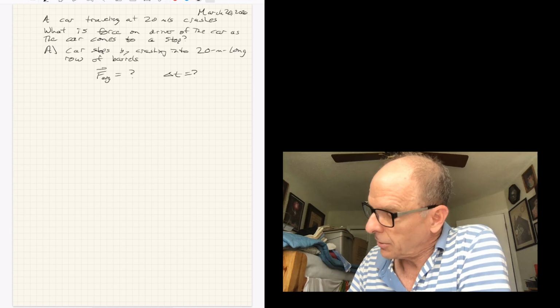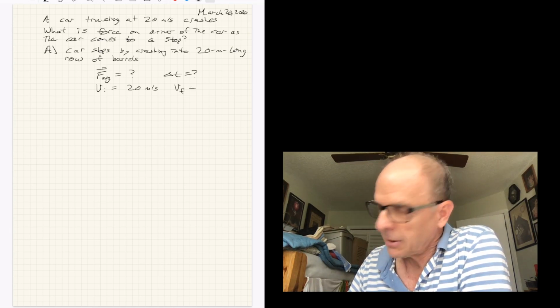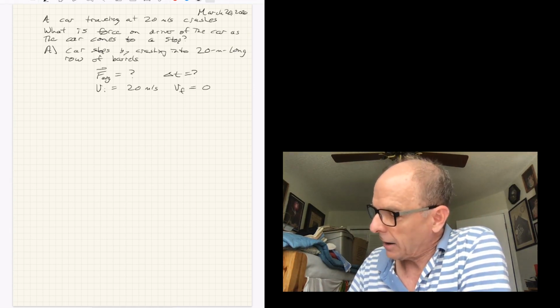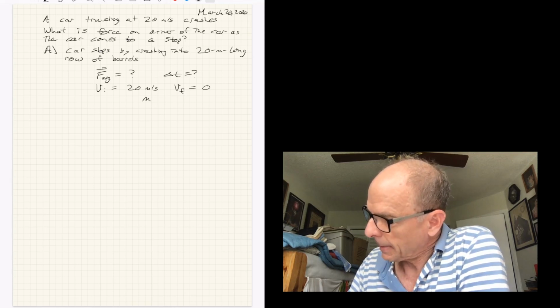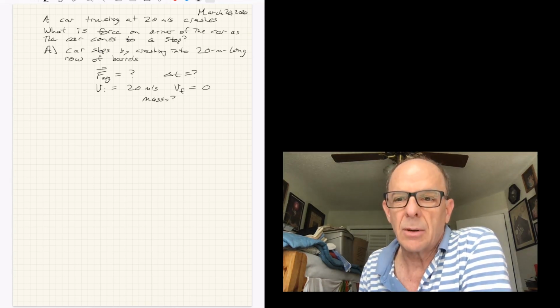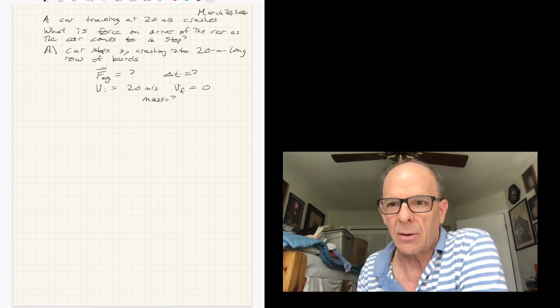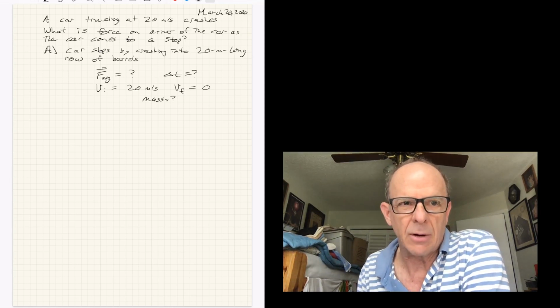We do know the initial speed is 20 meters per second. And we know that it's coming to a stop, so we know the final speed is 0. Okay, we don't know the mass, it is unknown.